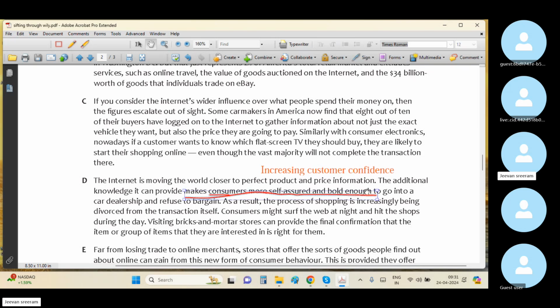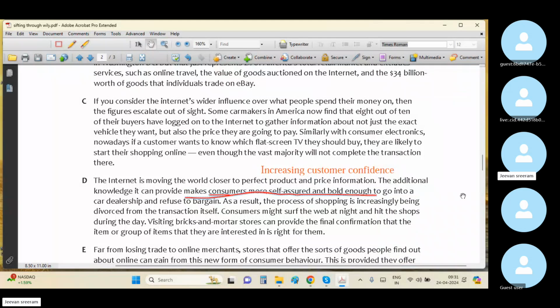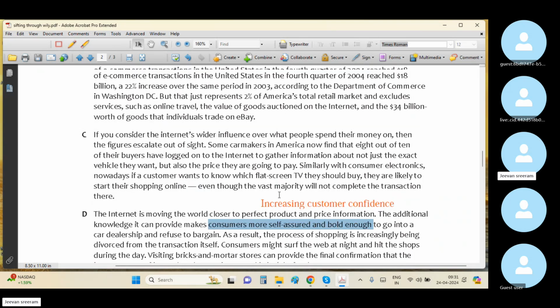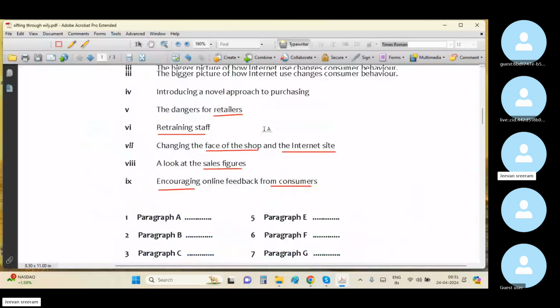Is it clear to you all? How is the examiner actually creating the questions? What approach did the examiner adopt to create the questions? Paraphrasing. So information from the passage is going to be paraphrased to create questions.